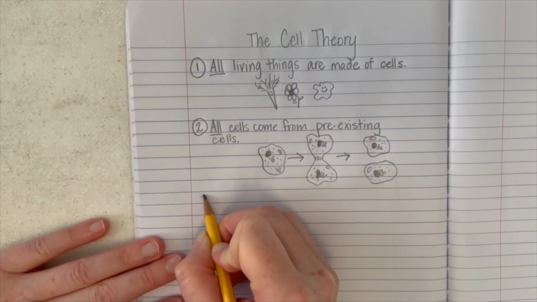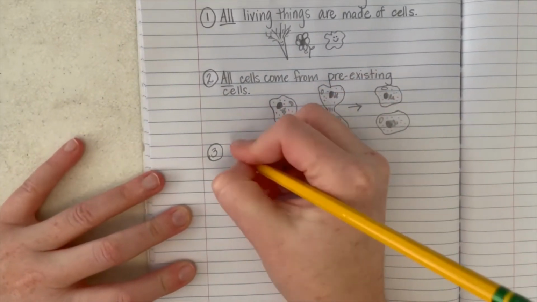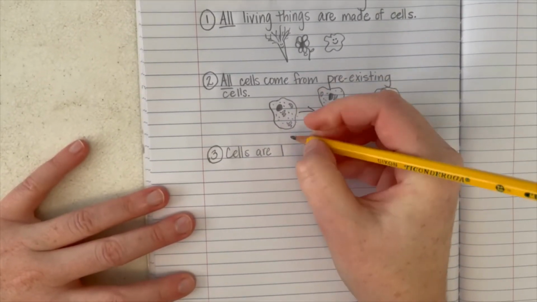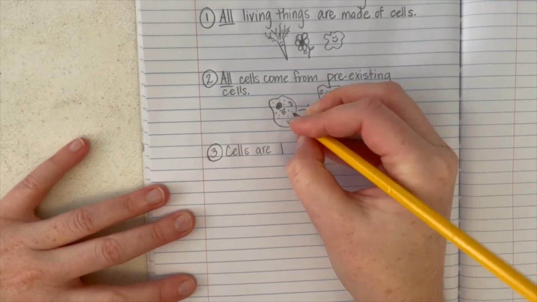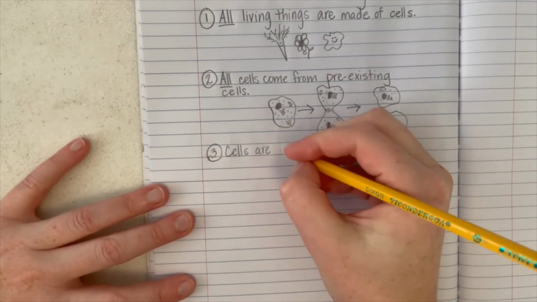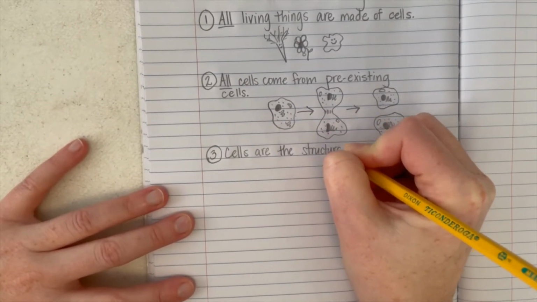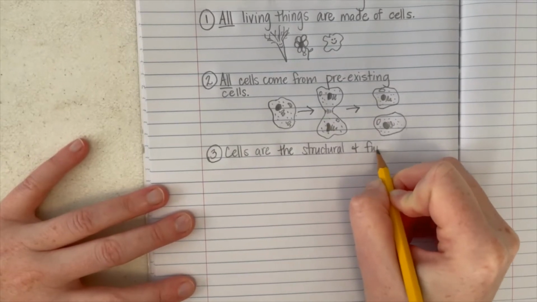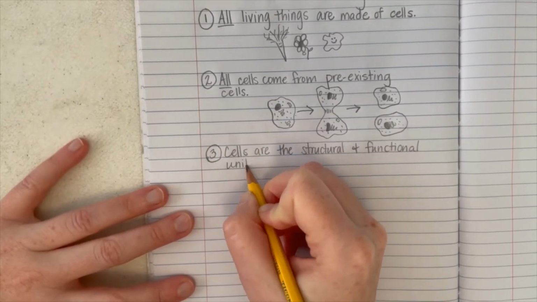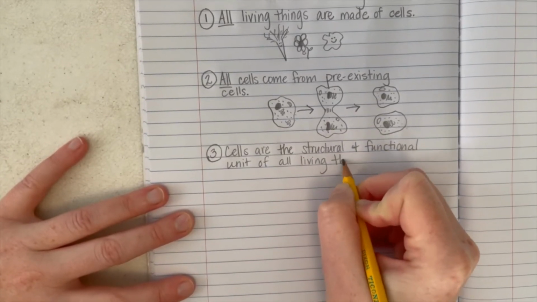The third component of the cell theory that all scientists agree on is that cells are the structural and functional unit of all living things.